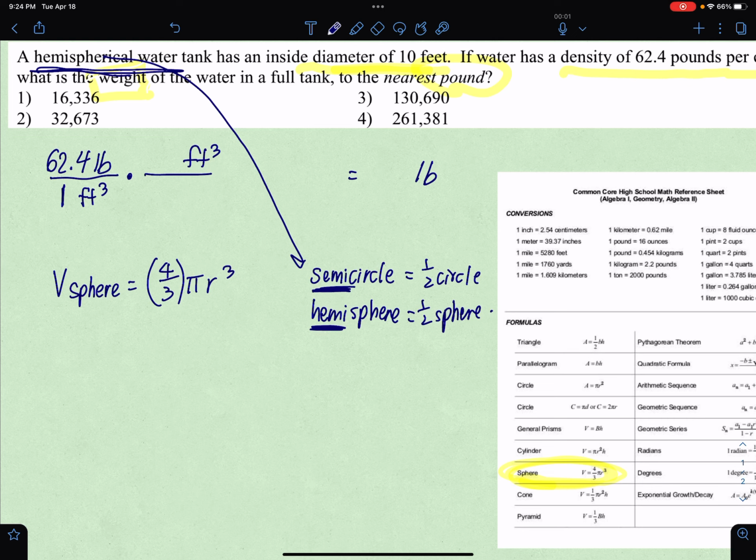So we need to alter this volume of a sphere formula so that we have the volume of a hemisphere. Now, if this is for the full sphere, what do we have to do to find half of it? Well, that means we got to divide this number by 2. Now, if I put this in the calculator, parentheses, 4 divided by 3, parentheses, divided by 2, I get some strange decimal, 0.6 repeated.